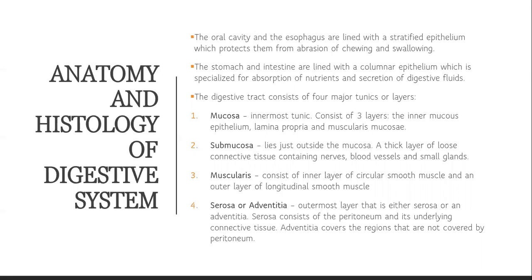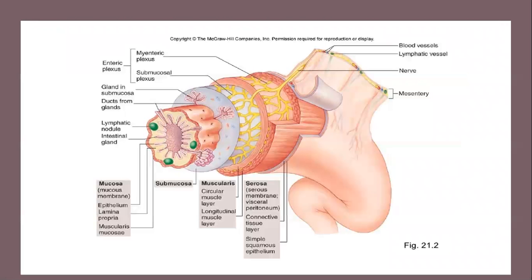When we say serosa, it consists of peritoneum and its underlying connective tissue, while our adventitia is the one that covers the regions that are not covered by our peritoneum. So the figure shows the four layers of the digestive tract.